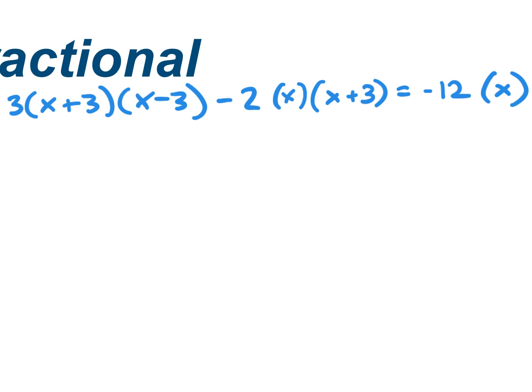So I'm going to multiply this out and simplify. So first I'm going to start by multiplying the x plus 3 times x minus 3. What does that multiply into? X squared minus 9. Perfect. It's what we just FOILed out. So then when we distribute the 3 to that, we get 3x squared minus 27.